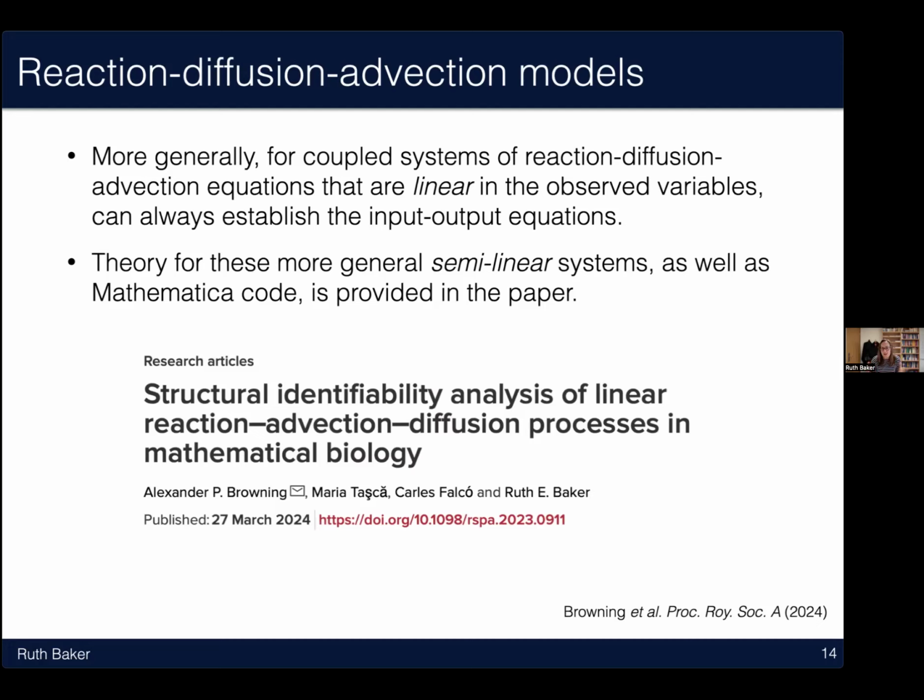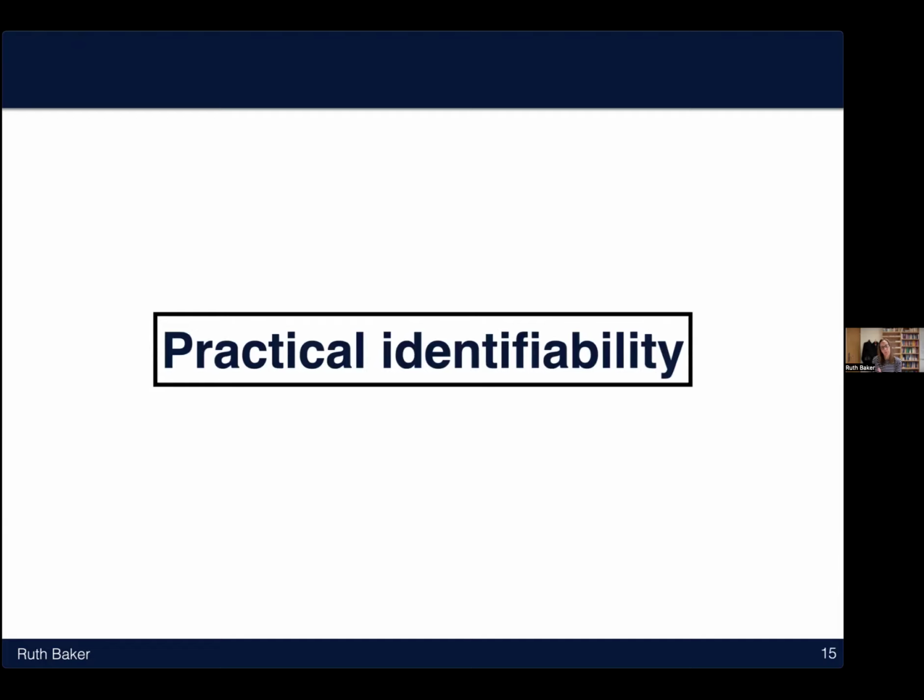And then once you can establish the input-output equation, you can essentially establish the structural identifiability. If you want to read more about it, there's a reference on the slide, and there's some code as well to help you do that. So the real challenge is deriving these input-output equations, so we can determine structural identifiability of our models.